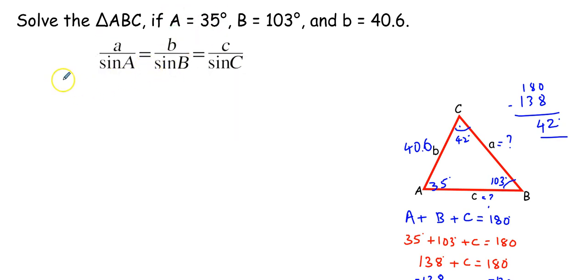Now A is question mark A over sine A. Your A is not known. A over sine A, that is 35 degrees.